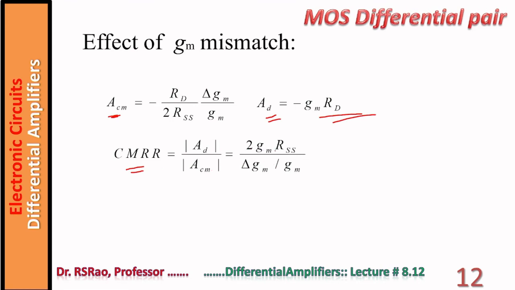It is 2 GM RSS by delta GM by GM. Notice when transistors are identical, then delta GM becomes 0, CMRR tends to be infinity, which is the case of an ideal op amp where transistors are identical.